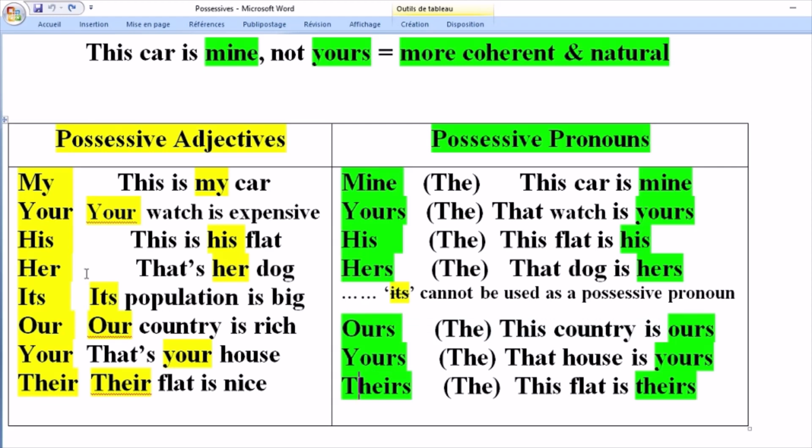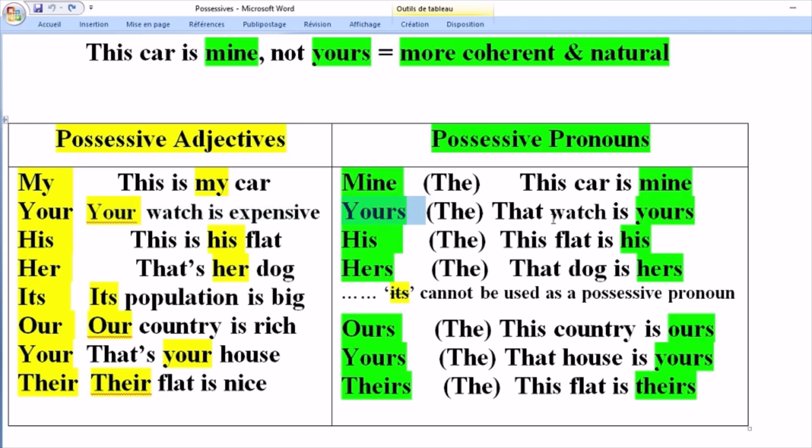Let's see the examples. My. This is my car. When you speak about I, the person speaking, me. This is my car. Mine. The car is mine. Your watch is expensive.